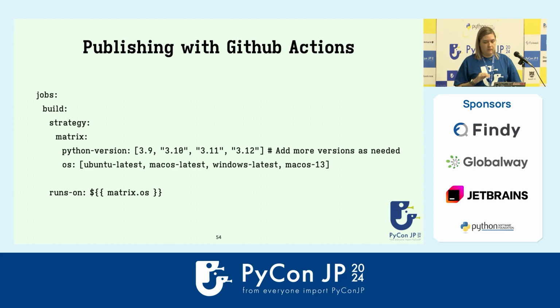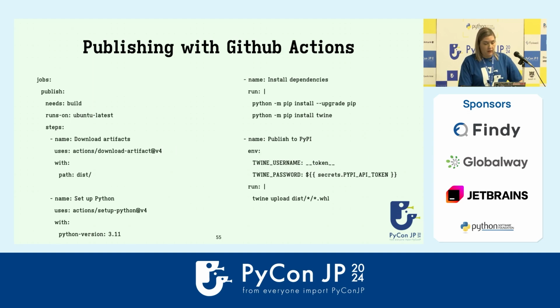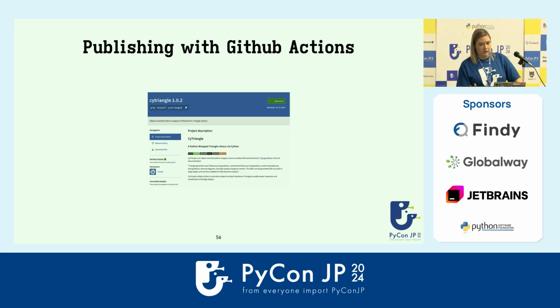So Ubuntu, Mac Silicon, Windows, and Old Mac. And then, yeah, this is just a couple of steps for downloading artifacts, setting up Python, installing dependencies, and then publishing to PyPI using Twine. And so this is an active project on GitHub. It has replaced Triangle within section properties as one of its dependencies.